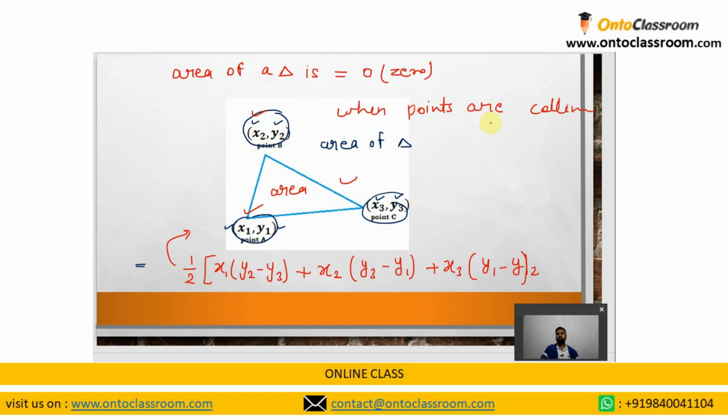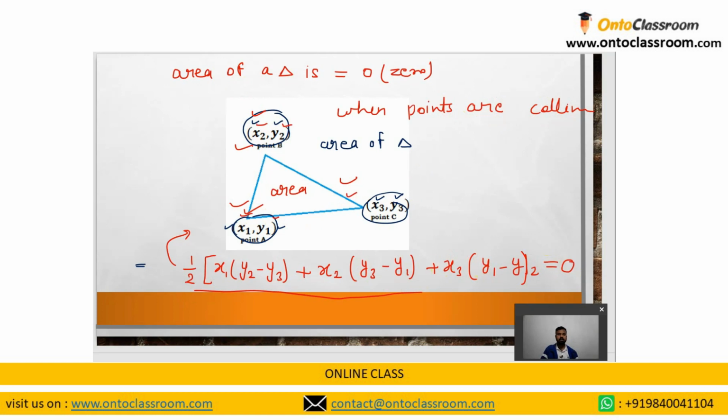When 3 points are given, we write down the area formula, put the values of the given points, and make the area equal to 0 because the points are collinear.